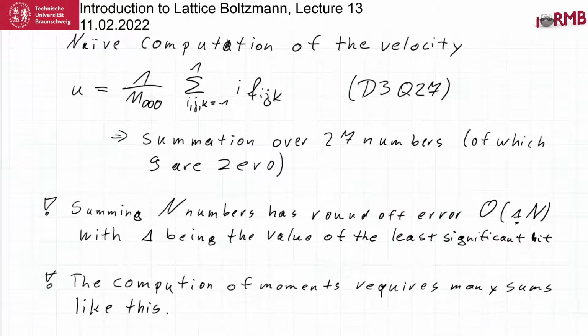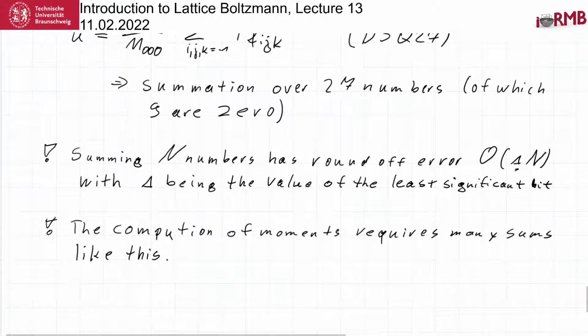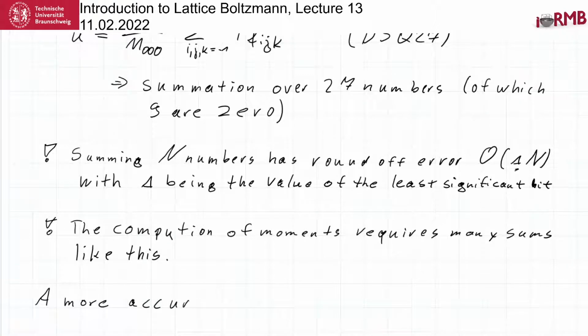Okay, now we want to repair this. And fortunately, there is a way to repair this or mitigate this at least, without causing more cost. Namely, this is a more accurate summation, which is using the same number of operations, which is important.